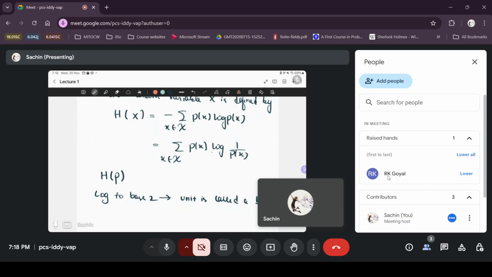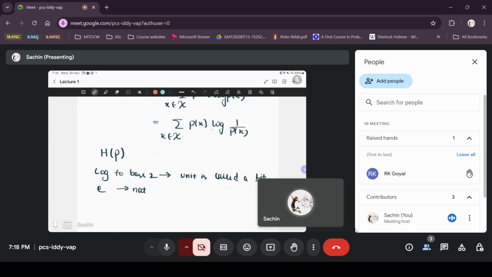For base e it is called a nat, and for base 2 it is called a bit.